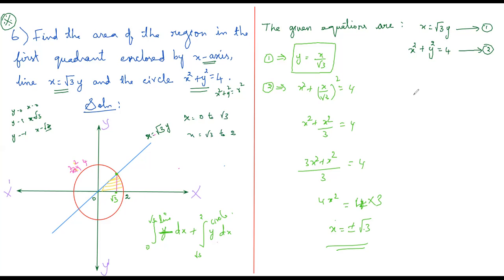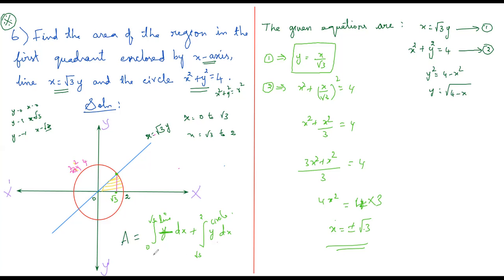So let us split the area. First, let us find the y value from the circle. What you get is y square is equal to 4 minus x square. So y is equal to square root of 4 minus x square. Now all you have to do is find the area.